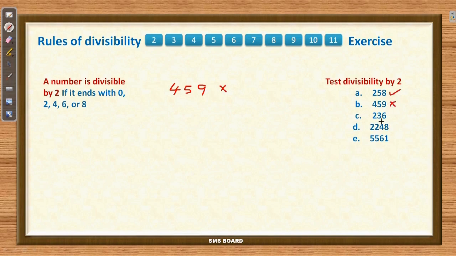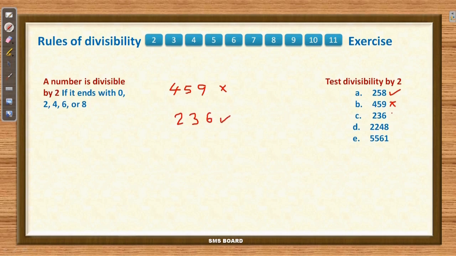And what is the next number? 236. 236 is divisible because a number is divisible by 2 if it ends with 6. So this also is divisible.